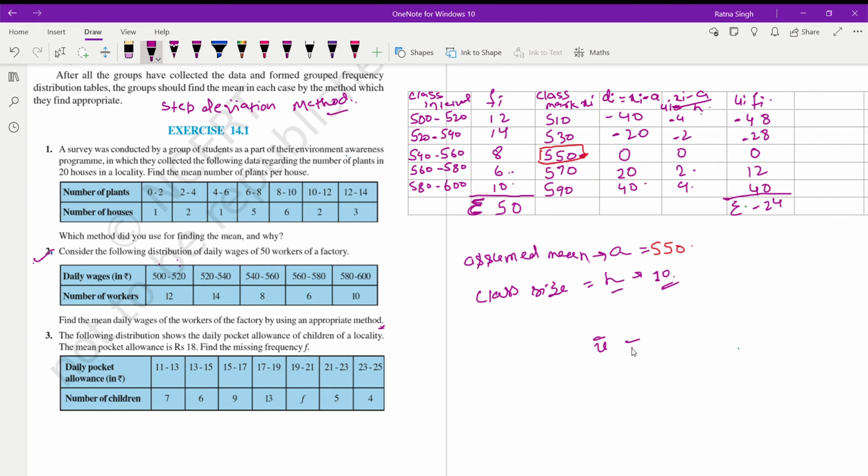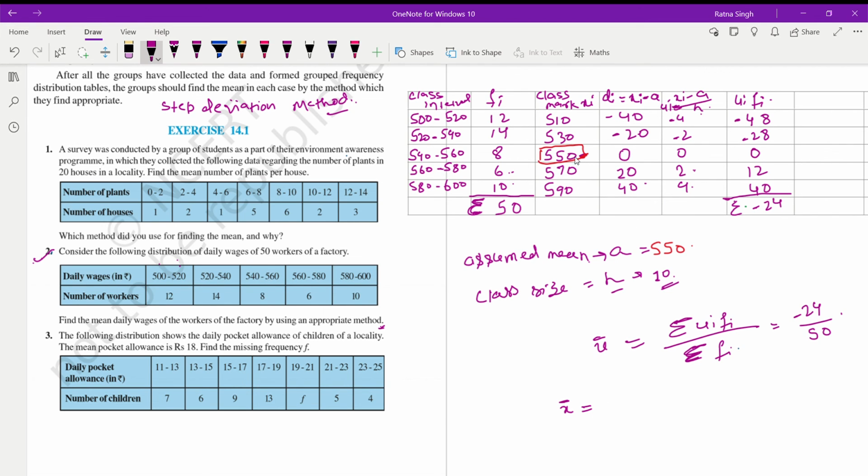This will be equal to sigma ui fi divided by sigma fi, and it will be minus 24 divided by 50. Now the mean, which we denote as x bar. This is the mean.